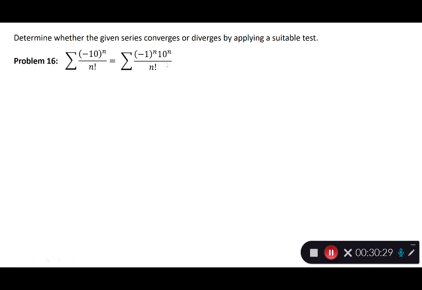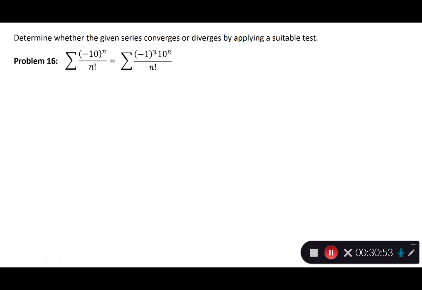Cool. Now what kind of a series does this look like? Would you agree this is an alternating series? When n is equal to 1, we have (-1)^1, which is negative 1, times 10^1 over 1 factorial, 10 over 1.